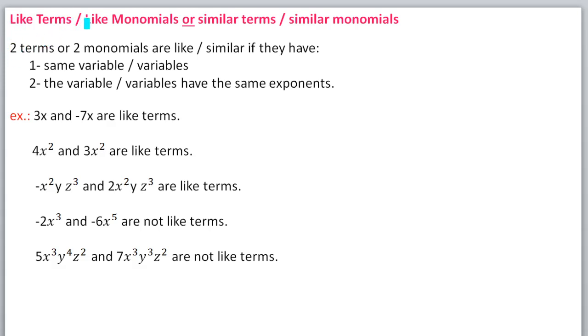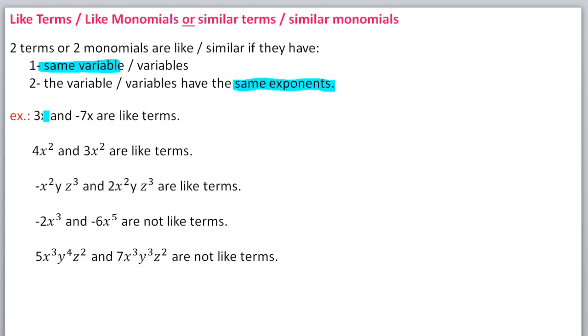Like terms, or like monomials, or similar terms, or similar monomials. It's the same monomial. How? It's the same variable with the same exponent. Two terms or two monomials are like or similar if they have the same variable, and the variable has the same exponent.